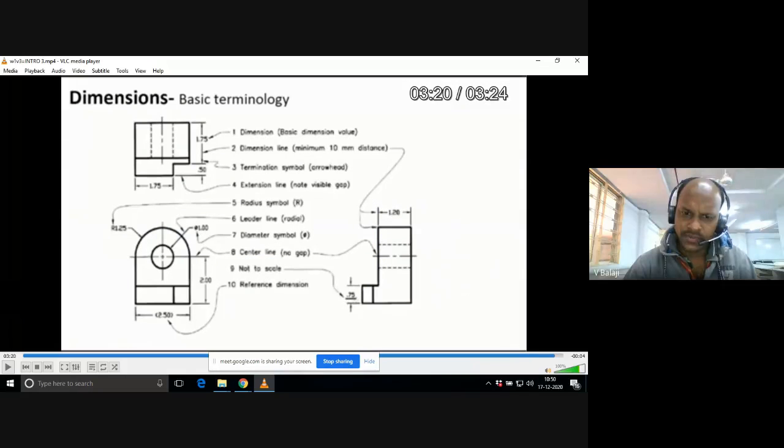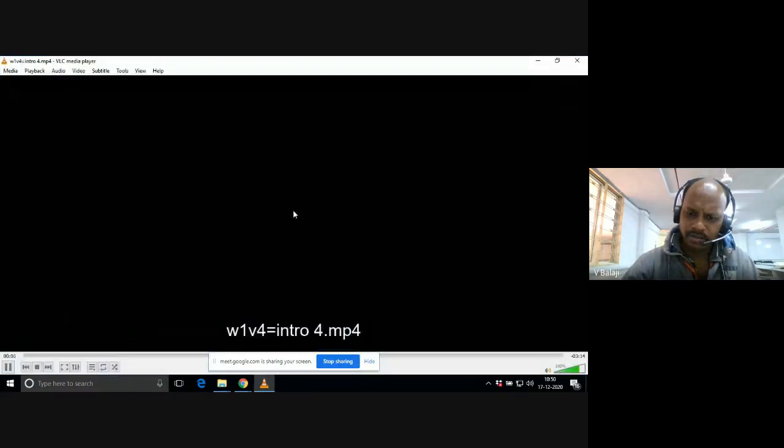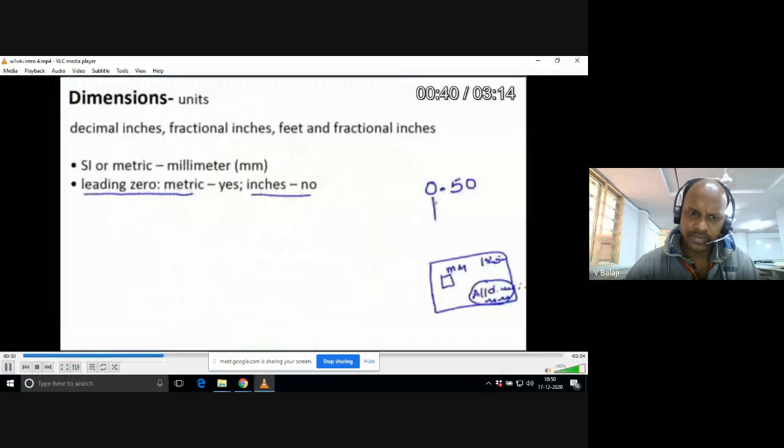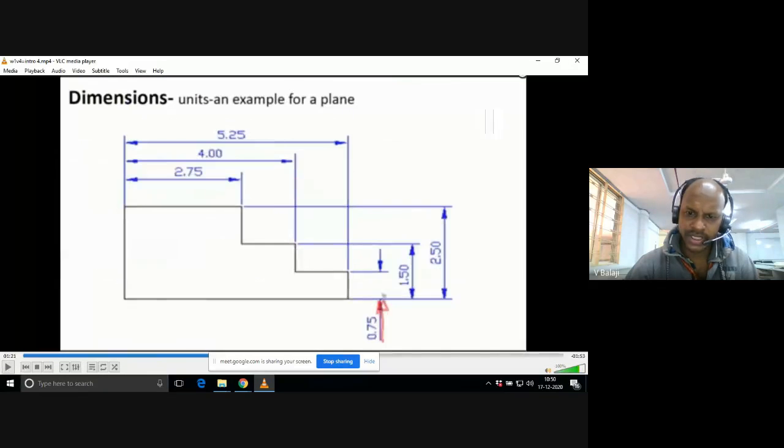Yeah, if you draw anything on the drawing sheet, it is very important that you maintain some rules. I will show you one more time. See here, one type of drawing is there. You have drawn some steps here, a staircase, and there are blue lines, right? Upon the blue lines, values are given: 2.75, 4, 5.25, 1.5, 0.75, 2.5.